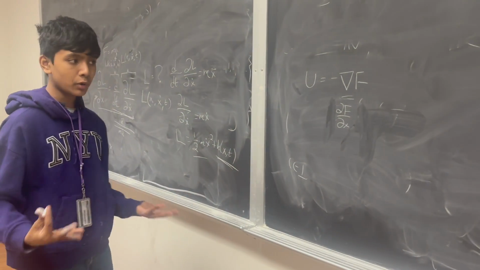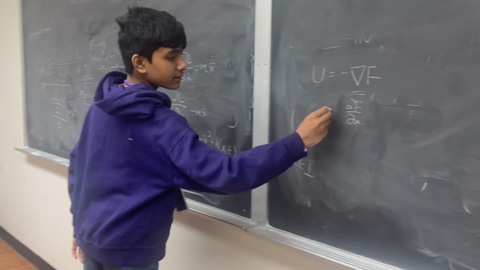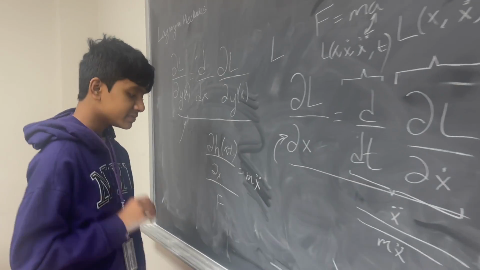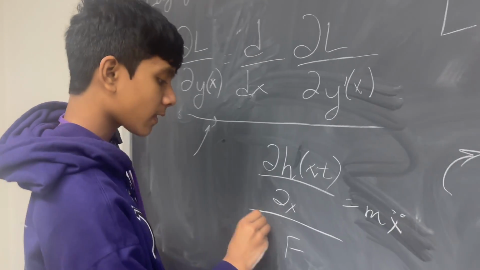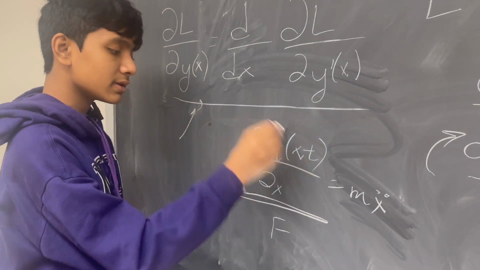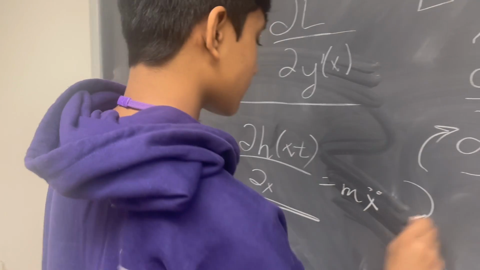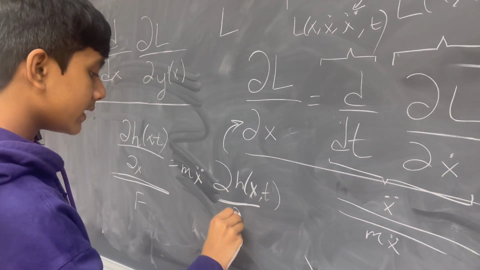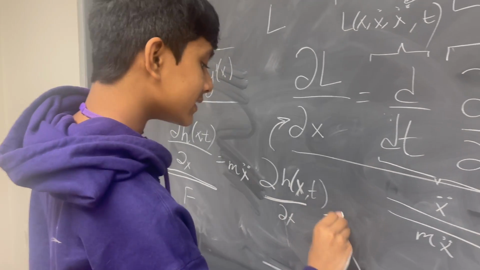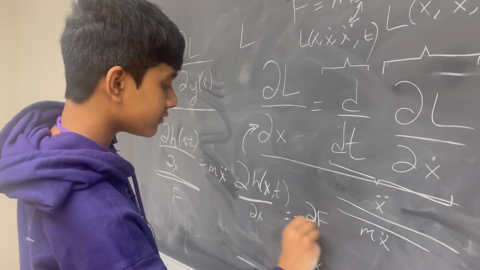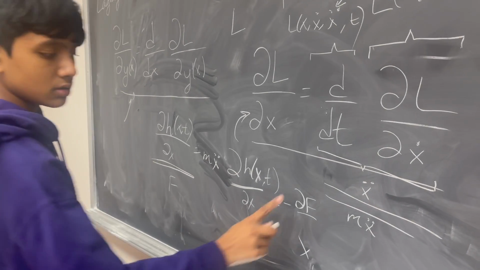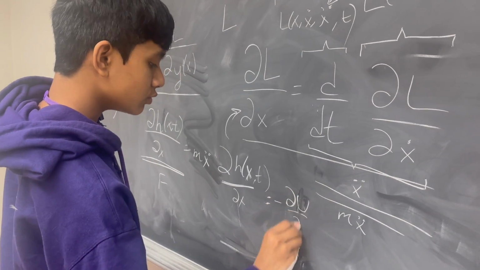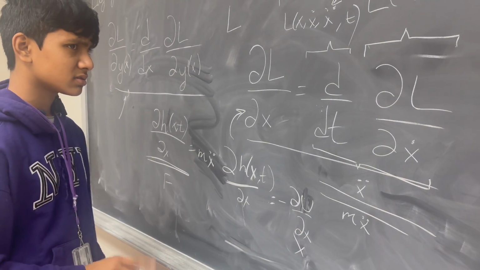So we just have negative partial f, partial x, which means that whatever this is, it should be equal to negative partial f. Well, no. It should be equal to negative partial u, partial x.